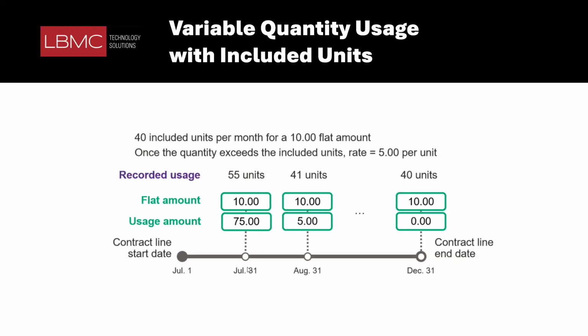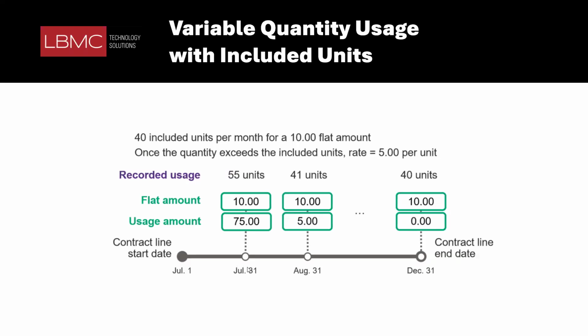Now, when you have included units and you have an overage, that overage is going to be billed and recognized just like standard variable quantity. So looking at our example here, in July, we have 55 units recorded, but we had 40 that were included for a flat $10 for the month.